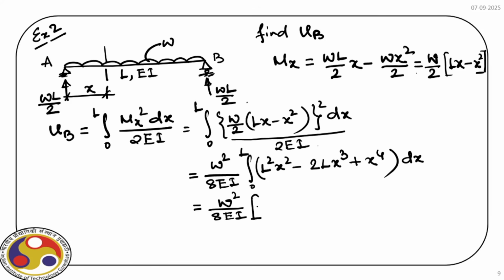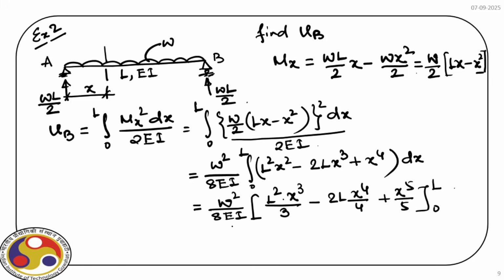And if we complete this integral, we have L square x to the power 3 divided by 3 minus twice L x to the power 4 divided by 4 plus x to the power 5 divided by 5, from 0 to L. So effectively we have omega square L to the power 5 divided by 8 EI, and within bracket we have 1/3 minus half plus 1 by 5.